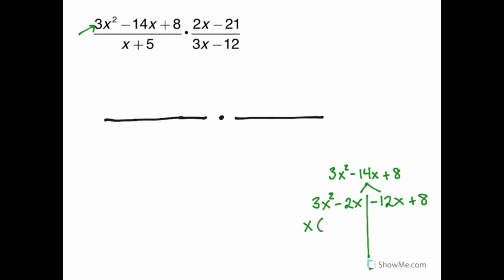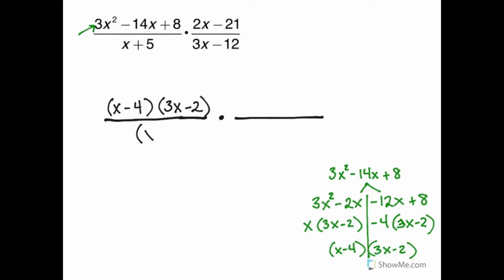In the first half, I factor out an x and I get 3x minus 2. And in the second half, I factor out negative 4 and I get 3x minus 2. So the factors are x minus 4 and 3x minus 2.